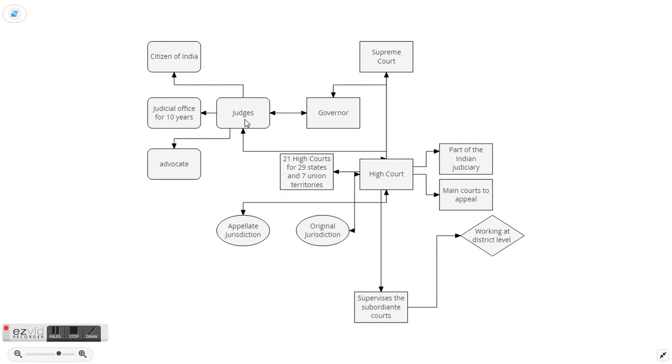The Chief Justice of the High Court and the Governor of the state concerned are consulted. The judges can be transferred. High Court judges can be transferred to any other state, and it will be decided by the President, who will appoint the judges accordingly.